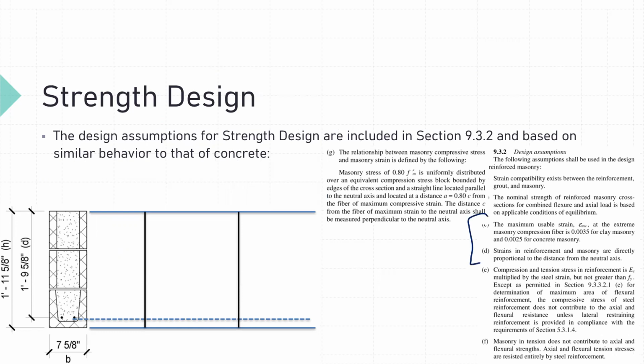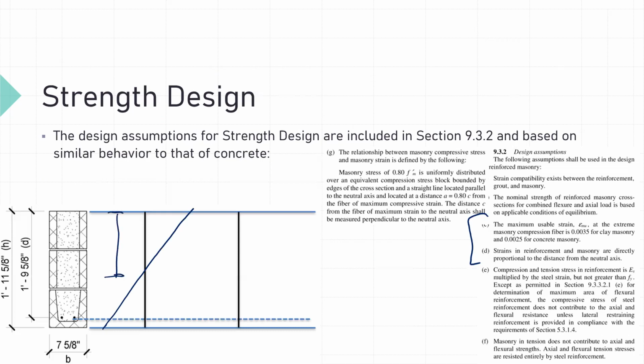It says the maximum usable strain at the extreme masonry compression fiber is 0.0035 for clay masonry and 0.0025 for concrete masonry, and strains in reinforcement and masonry are directly proportional to their distance from the neutral axis. So if we draw a strain diagram here on the left, the neutral axis is normally denoted by c.